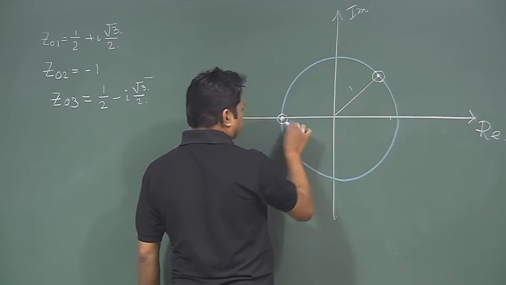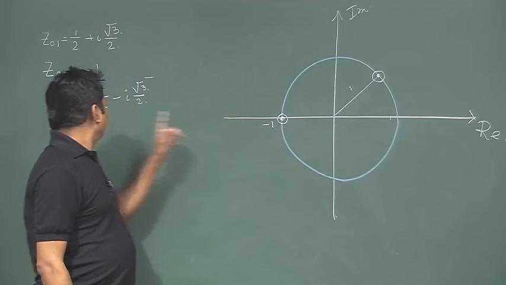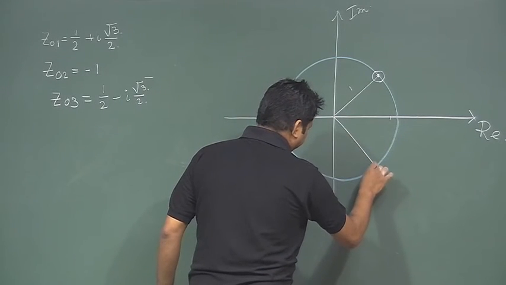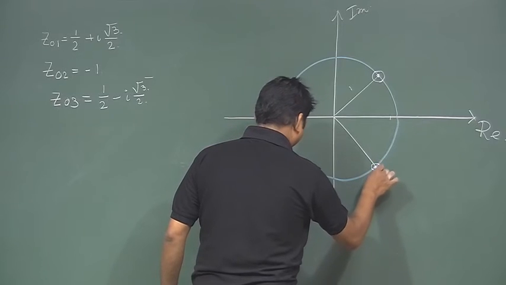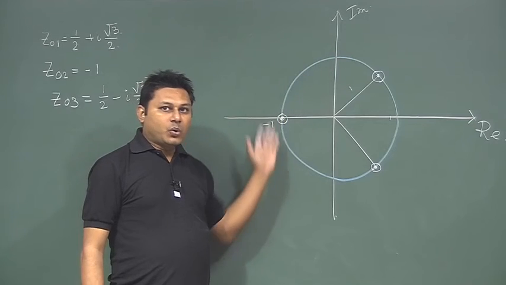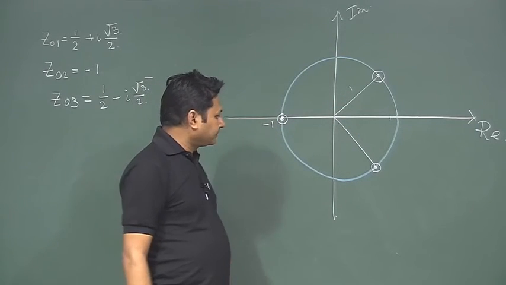So, this point is minus 1, and what about this point? This point is somewhere here. And you can see that these points are placed very symmetrically.